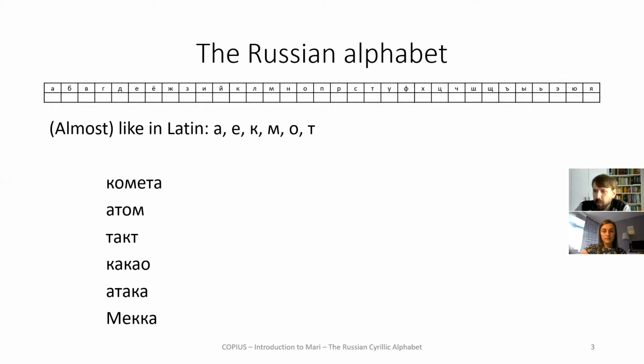And where it wasn't possible to do this, we have some Russian words and Russian names where we hope that some of our listeners will be familiar with them too.